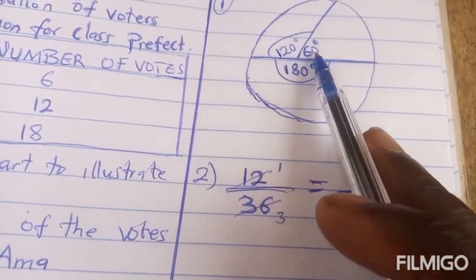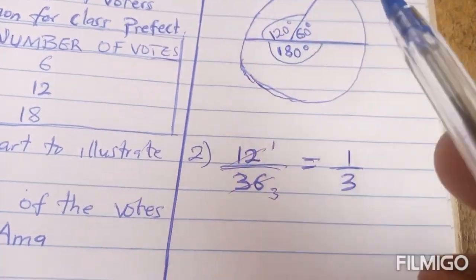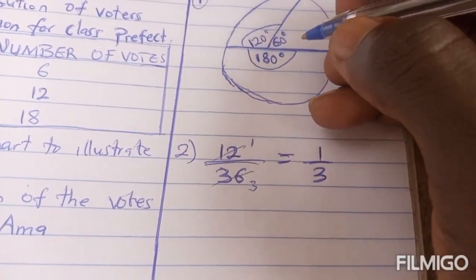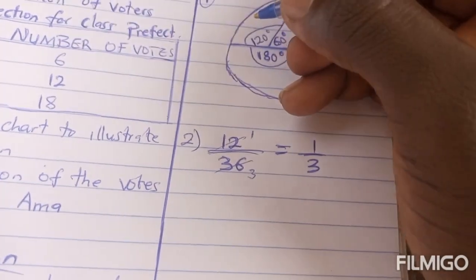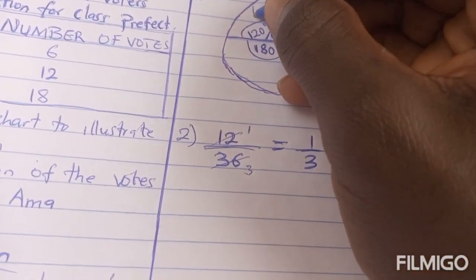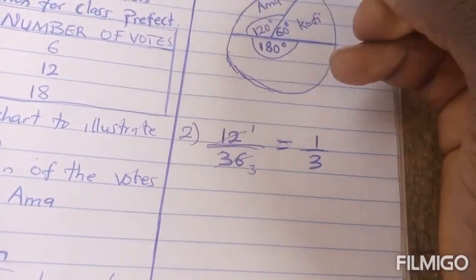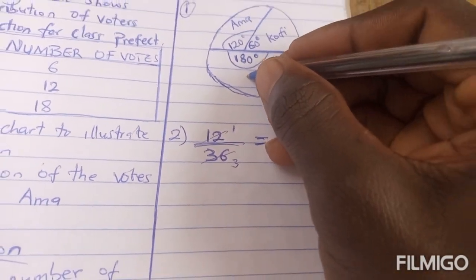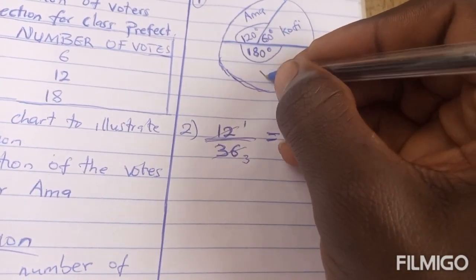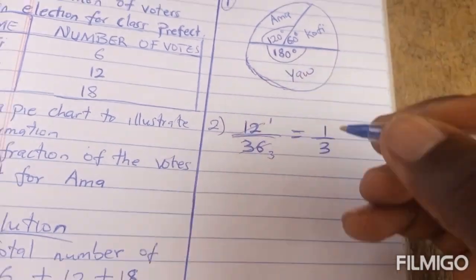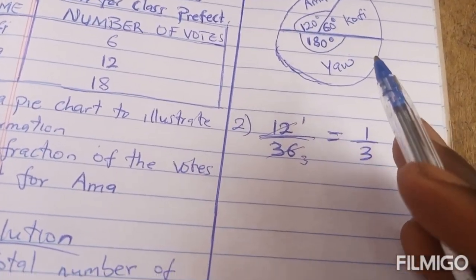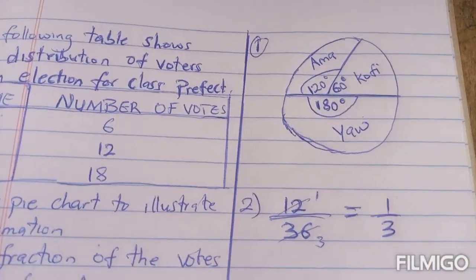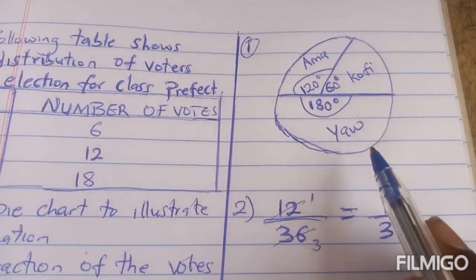So let's name it, Kofi, and 120 is for Ama, and 180 is for Yao. So we get our pie chart nicely using the angles that you saw.